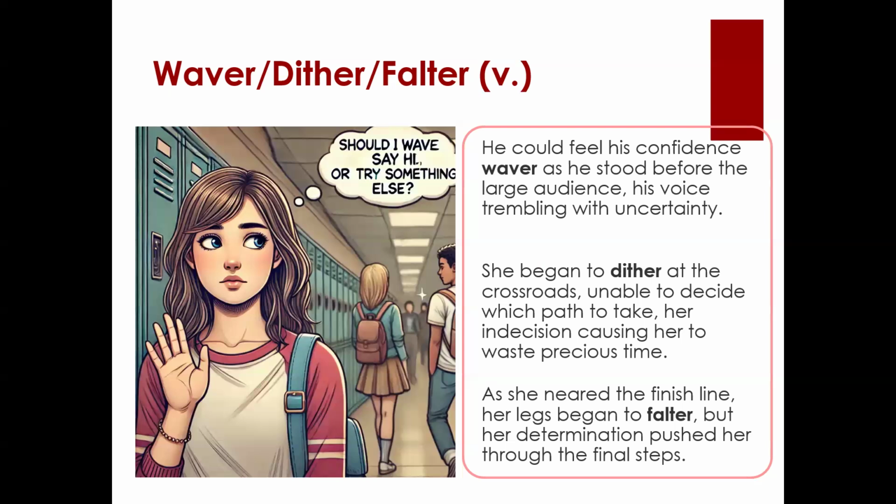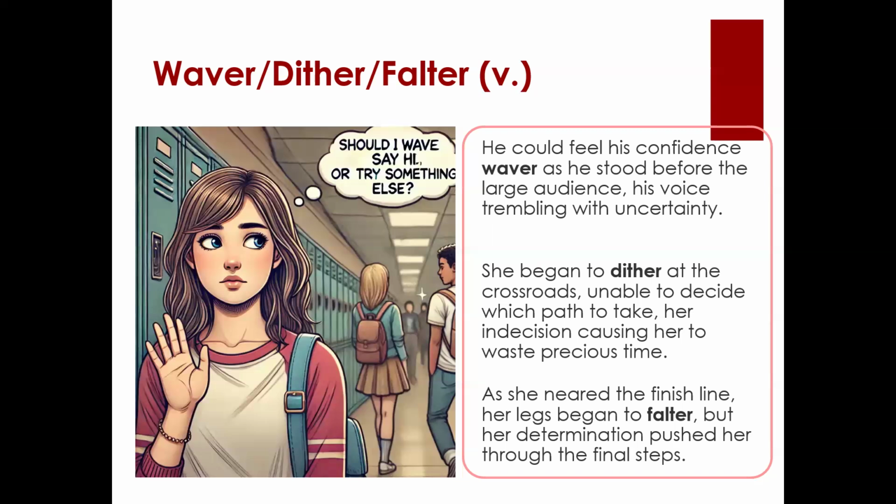So here we can have an image of her almost falling over, falter, but her determination pushed her through the final steps. So let's try and memorize it using the image on the left. This girl kind of wants to say hi to the boy, her crush, who was walking across the hall. So she's thinking, should I waver?